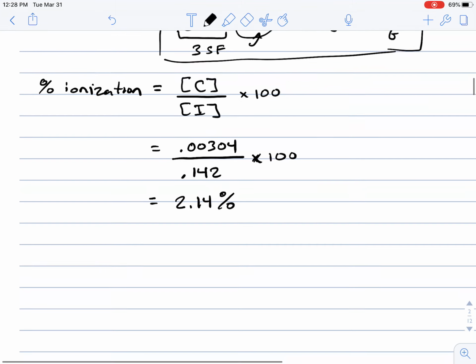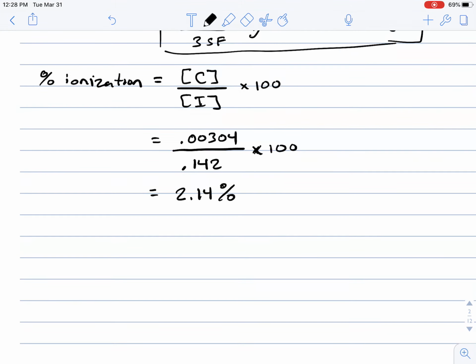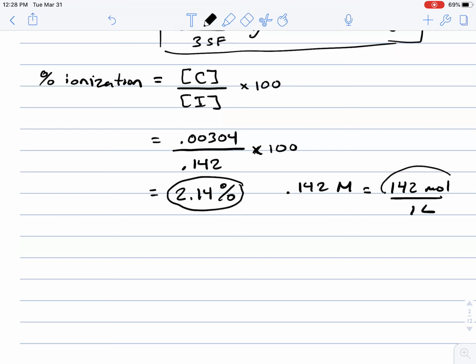This is letting us know how much of the total population of benzoic acid, if you will, is ionizing. So 0.142 molar is equal to 0.142 moles per 1 liter, and only 2.14% of the total number of moles of benzoic acid is actually ionizing to form the product.